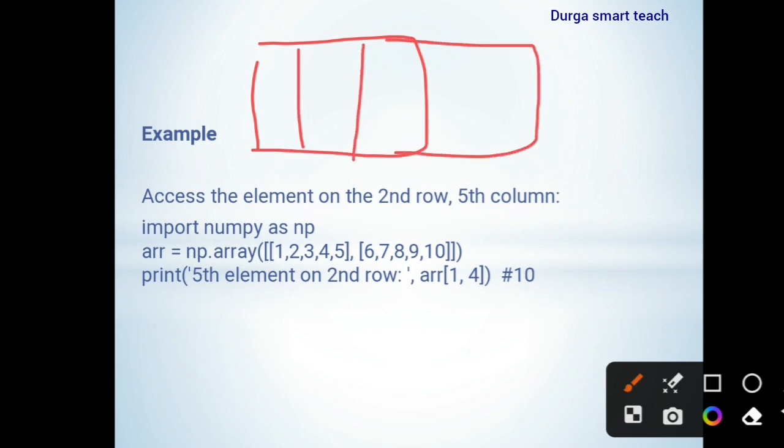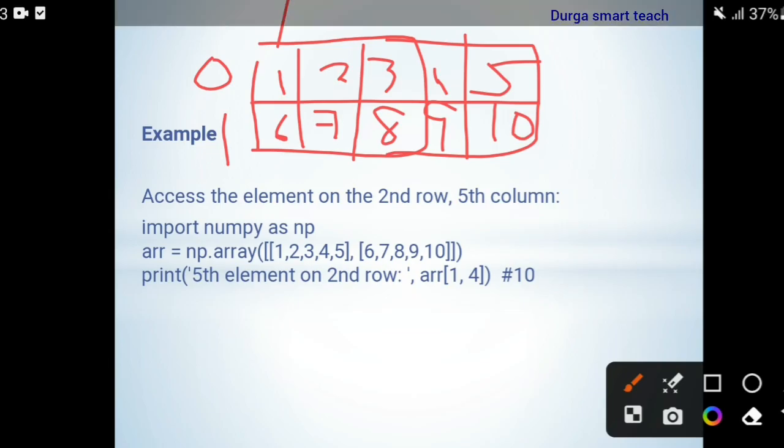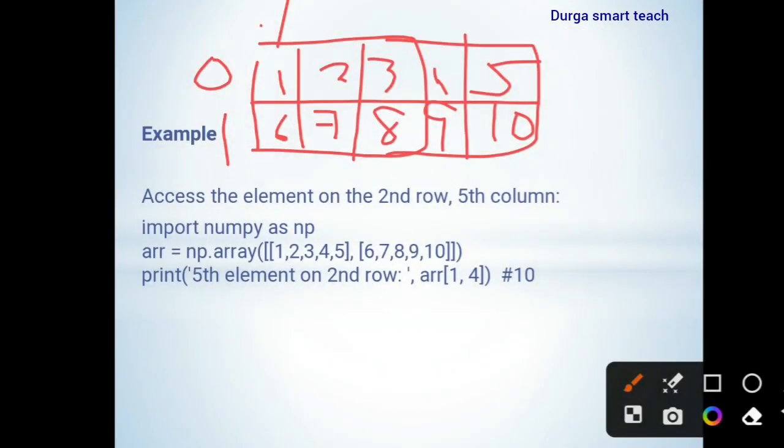Let's see the two-dimensional array here. The number of rows is 2. The first row is 1 2 3 4 5. Next 6 7 8 9 and 10. The column indices are 0, 1, 2, 3 and 4.